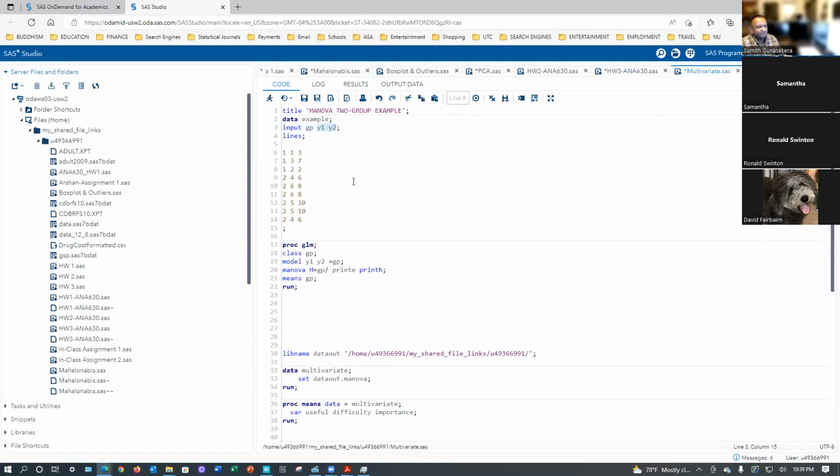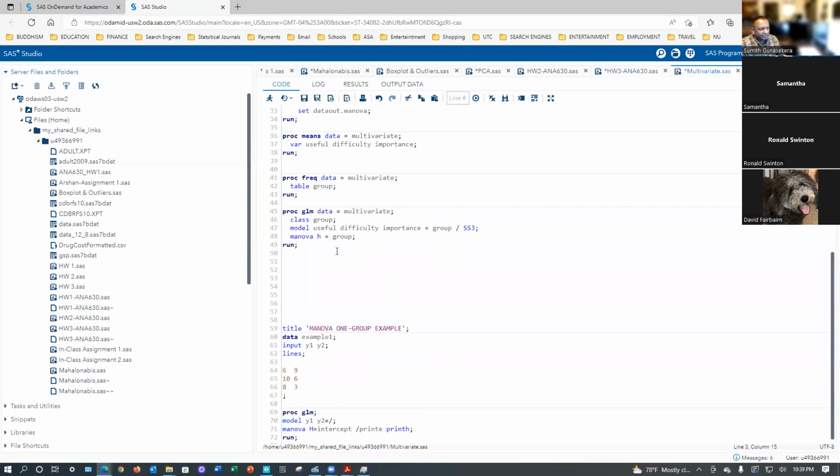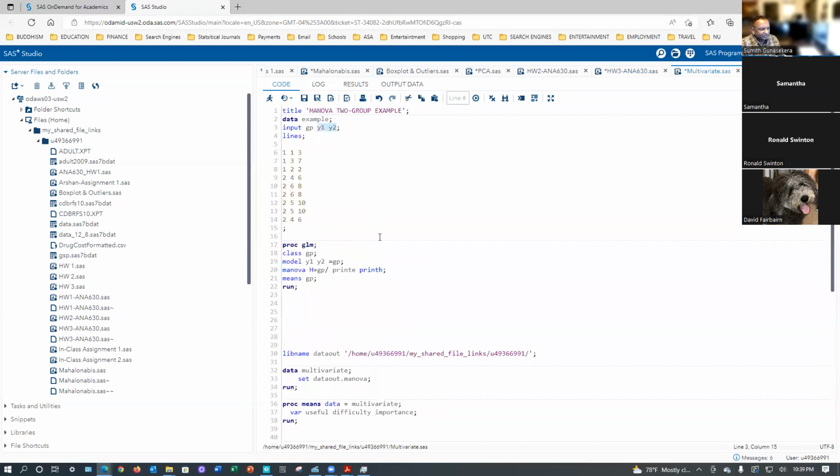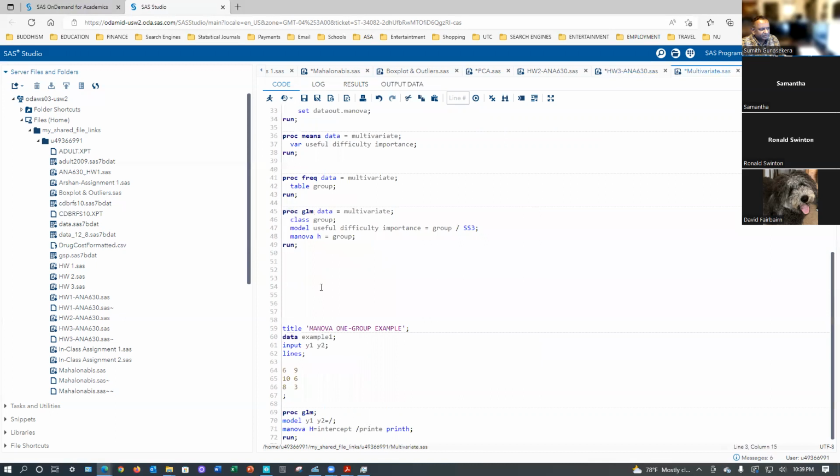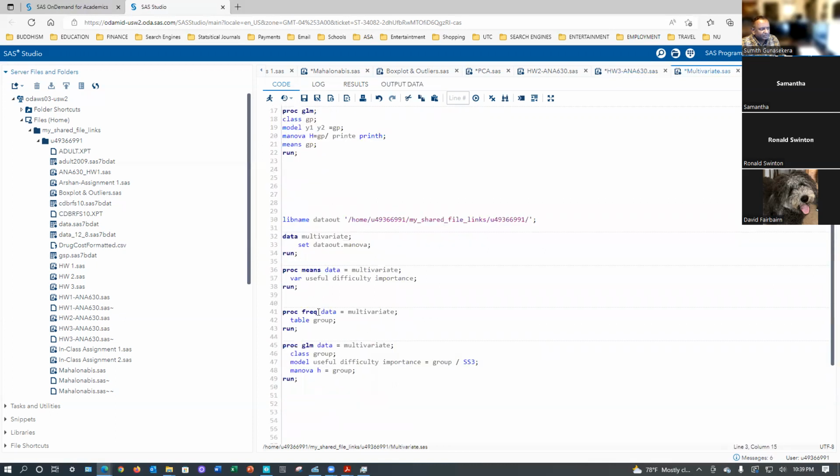Same way you can do that here later on. Here, three variables, three groups. But the three groups are already specified within the group.